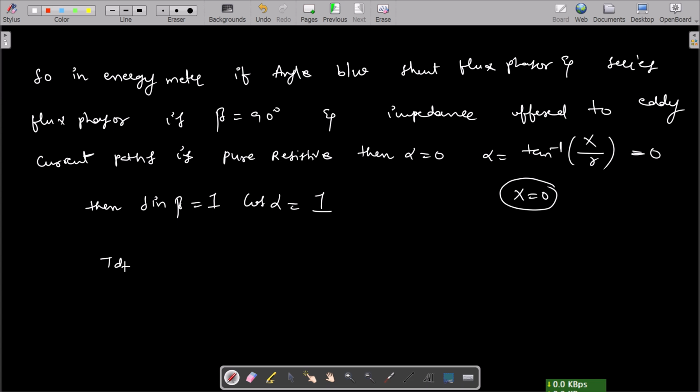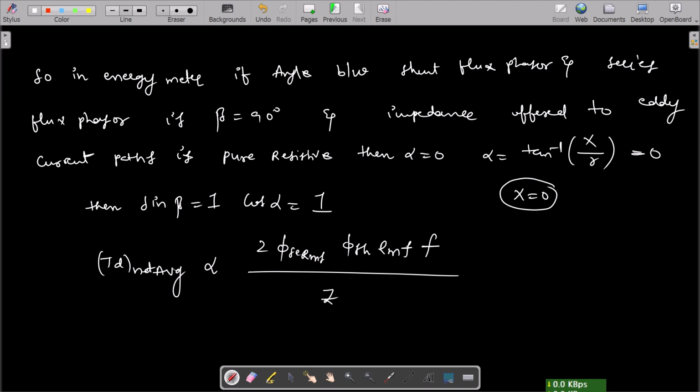Then that T_d net average will be directly proportional to 2 phi_SC RMS phi_SH RMS f divided by mod Z, which will be at max value.